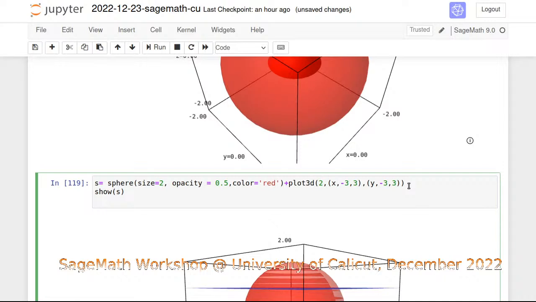Am I correct? I think that's the correct interpretation of f of xy equal to 1. Because in the plot, we are actually specifying a function in terms of x and y. There is no way to specify it as a function of z and y. We cannot.